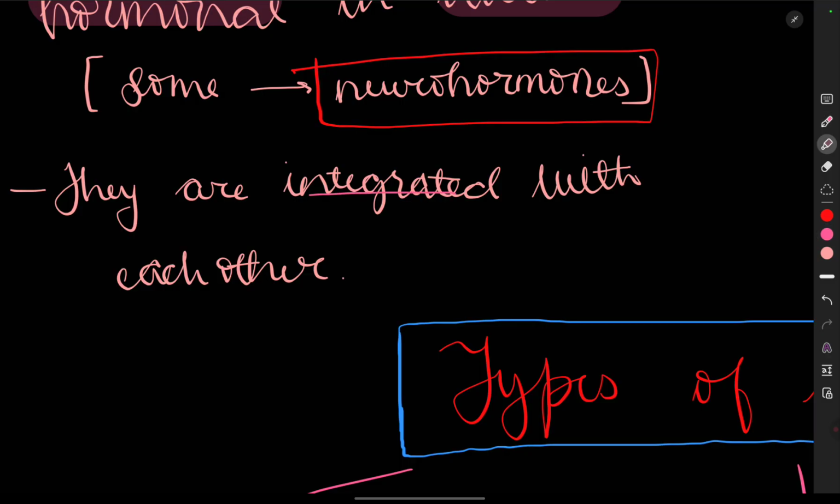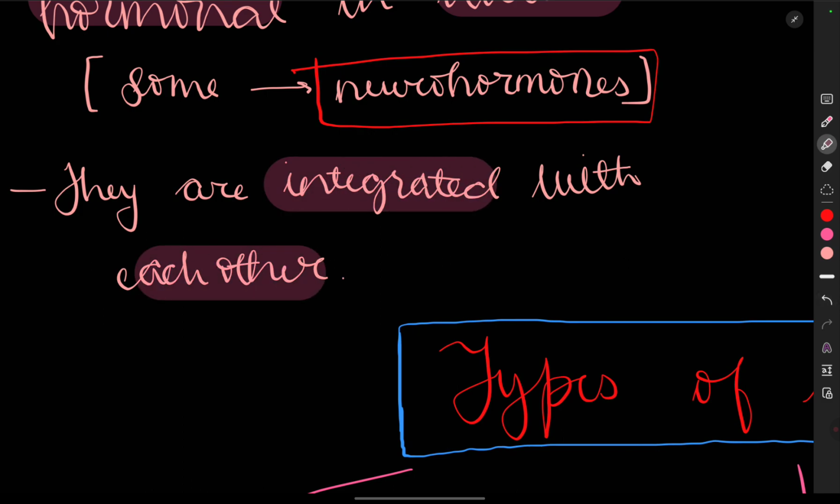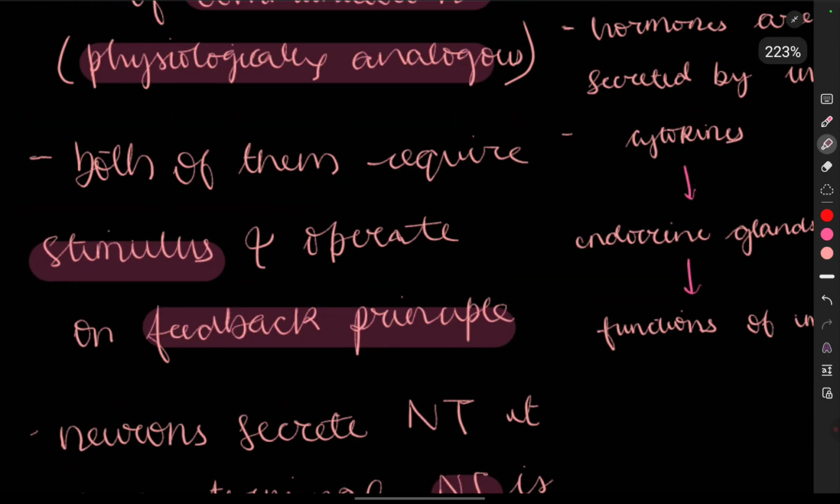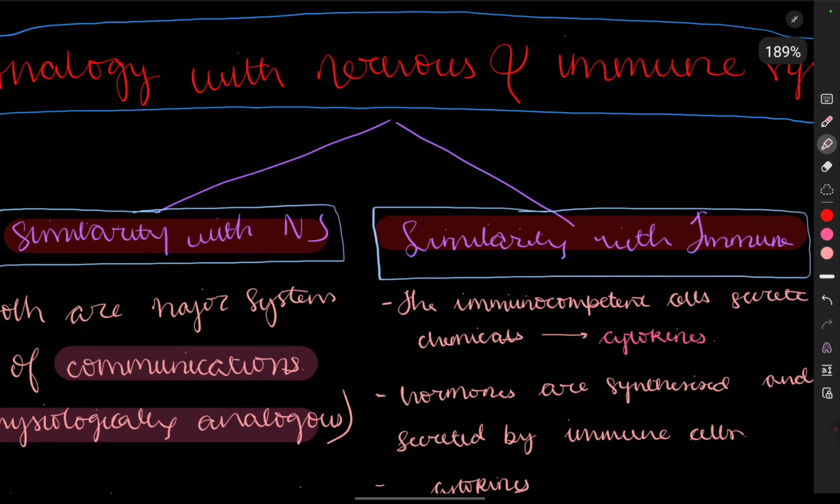They go hand in hand. Without the nervous system, there would not be a proper endocrine system, and without the endocrine system there would not be a proper nervous system. So these are the things that are similar to the nervous system.